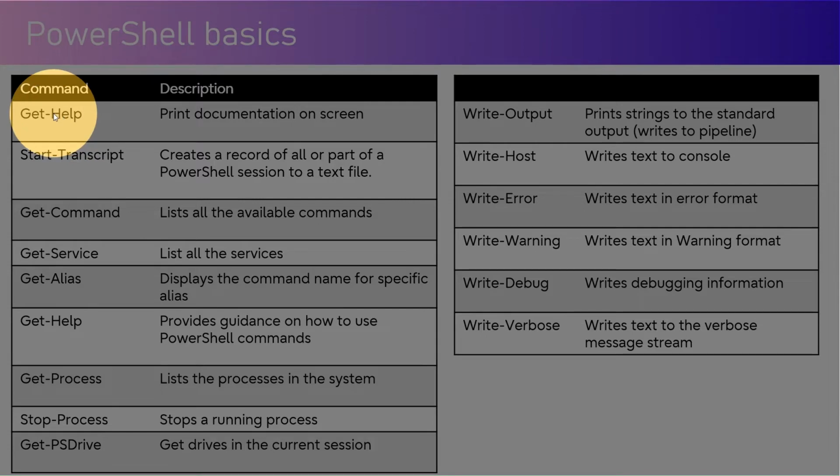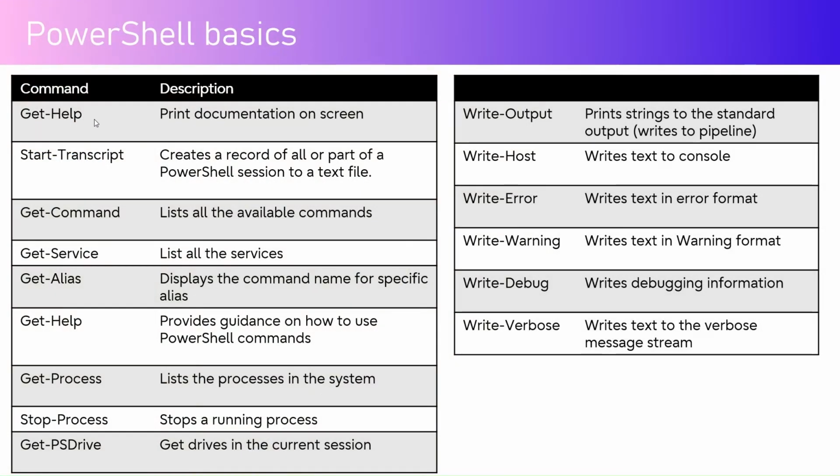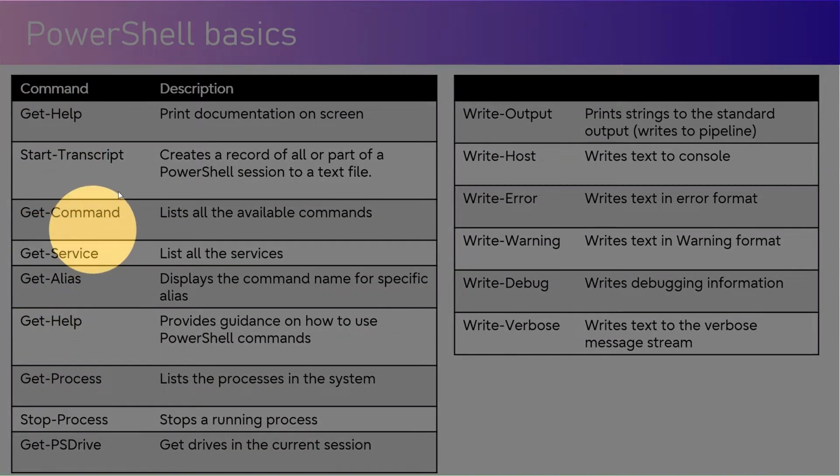As a command line user, many times we get confused with all the different command line utilities available within the operating system or a third party utility, where if you want to understand the help we either put --help or -h or /? and other things, but in PowerShell you need to use Get-Help. That's why I've written it again, so that it is useful for you to make use of this command.